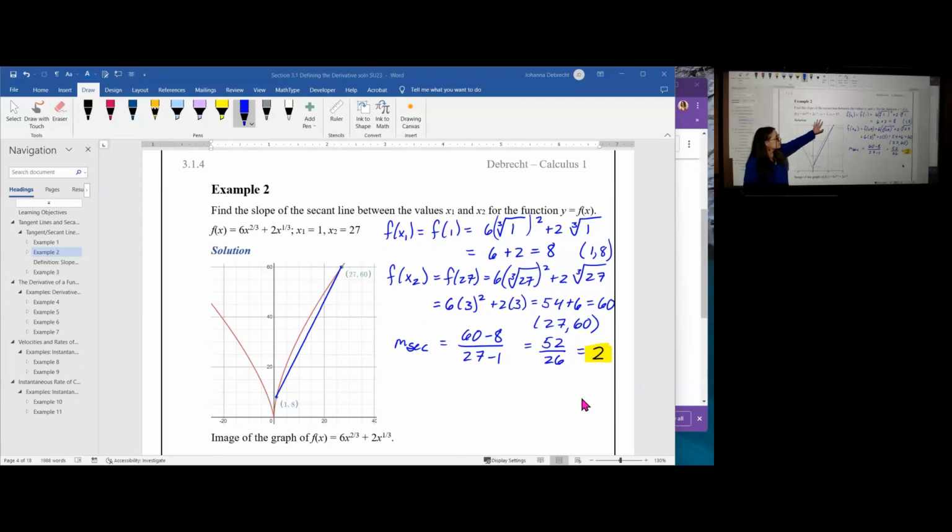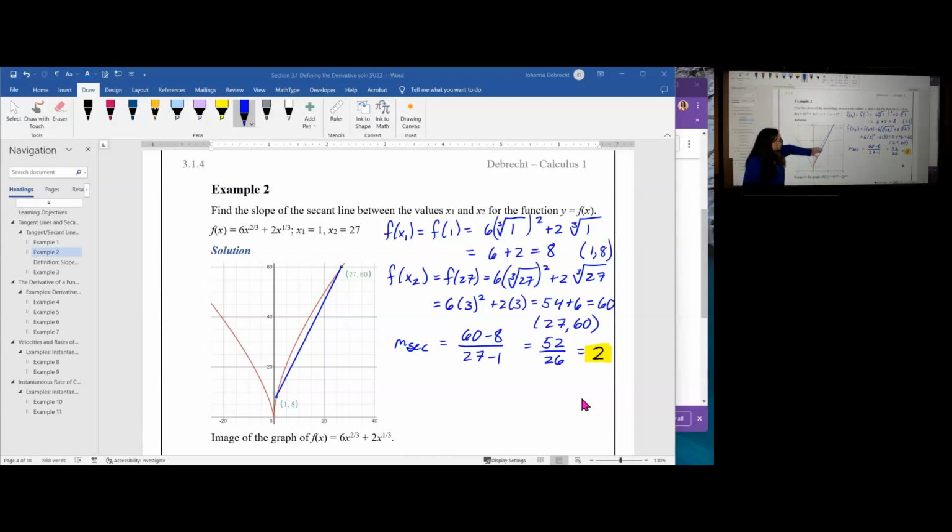When we substitute the value 27, we have to be a little more careful, taking the cube root of 27 to get 3 first, then squaring the 3 to get 9, then multiplying by 6 to get 54. We end up in this case with the ordered pair 27, 60. Then we compute the slope of the secant line, which turns out to be 2.